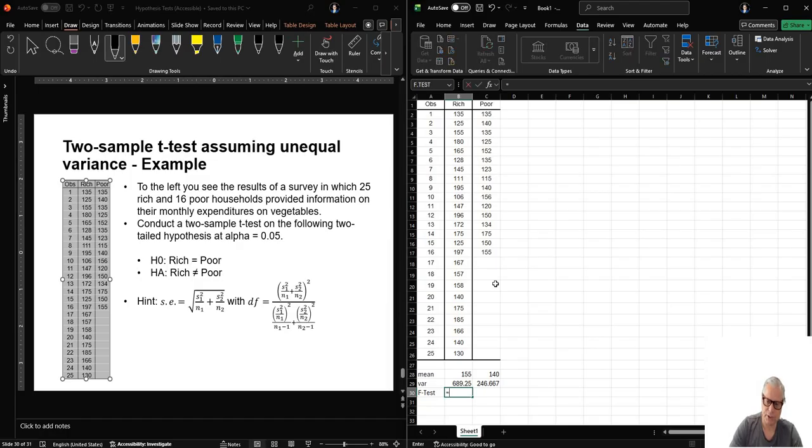So we use equals F.TEST, and then we highlight the data array for the rich, and then we compare that to the data array of the poor. And then we get a p-value of 4%.